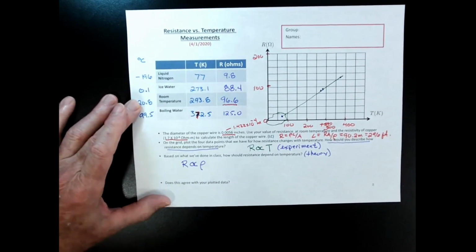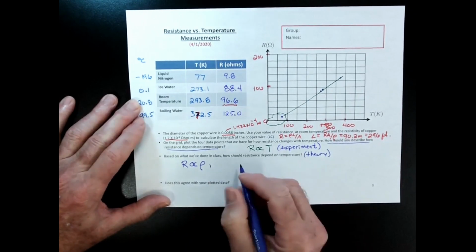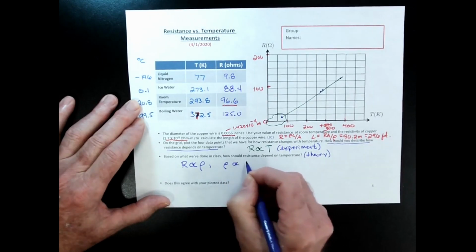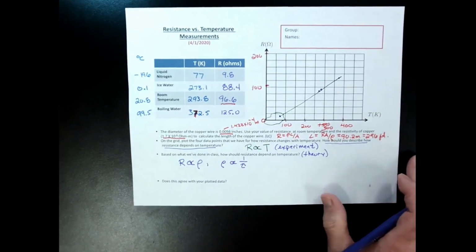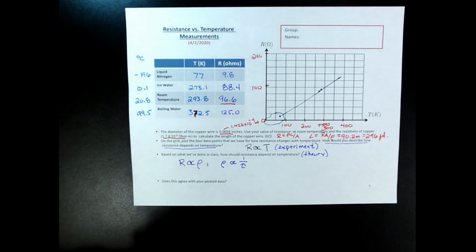We know, if you look back at what we did on Monday, that rho is proportional to 1 over tau. Now, tau is the mean time between collisions. We may have seen this on Monday as sigma is proportional to tau, but remember rho is 1 over sigma.